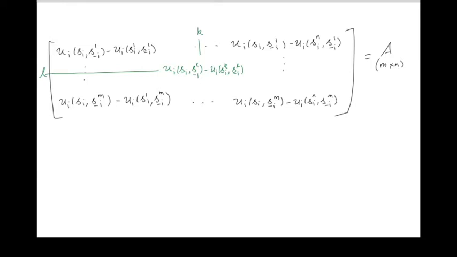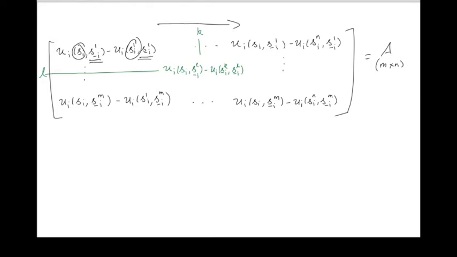And you look at the utility difference that you get when everybody else is playing the Lth strategy profile. For every K and L, we're going to do this, and that's going to give us this whole matrix A. So in the top left corner here, we've got the utility difference between playing SI and playing SI1, so the first strategy for player I, when everybody else plays the first strategy profile.